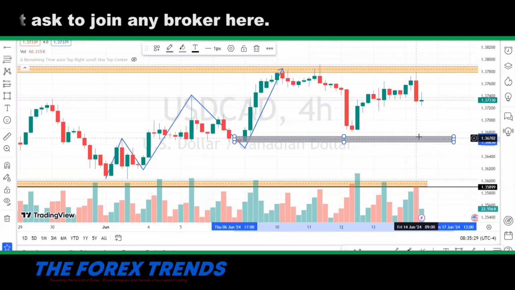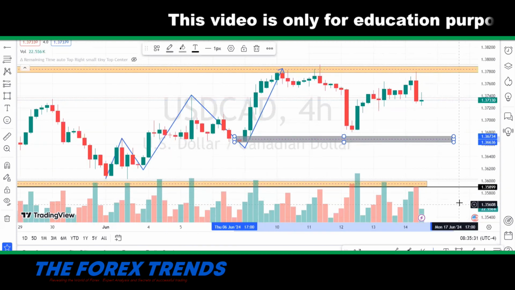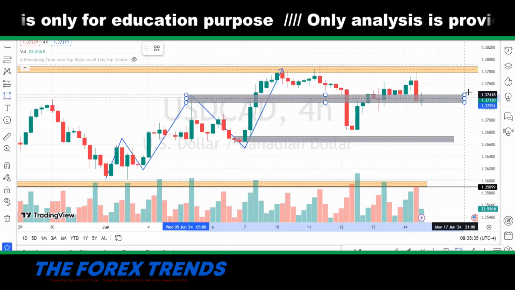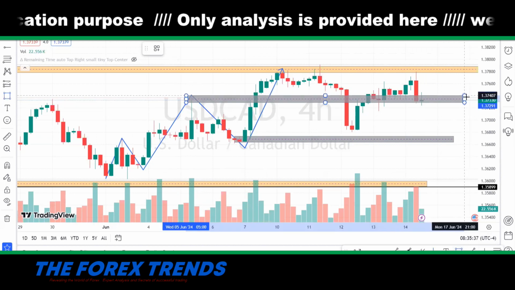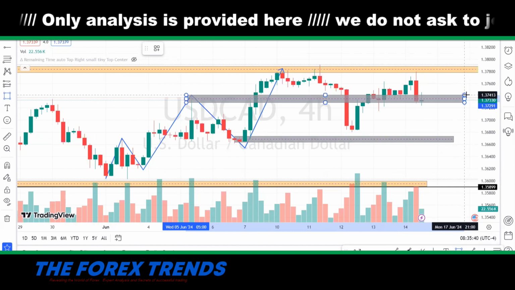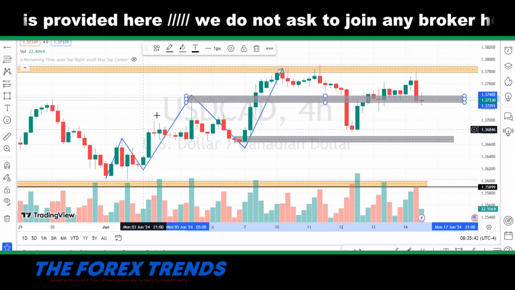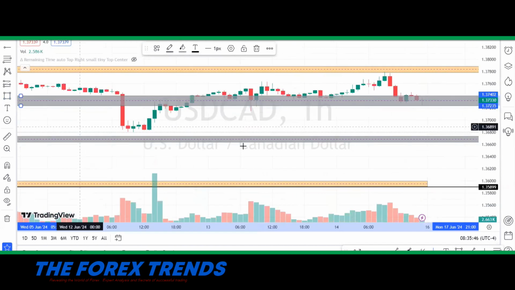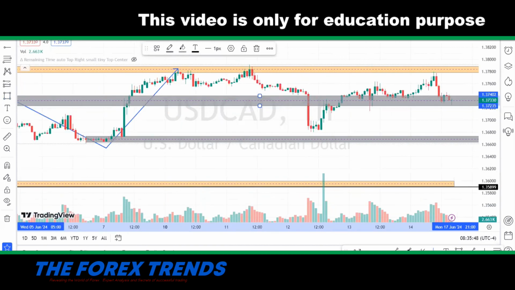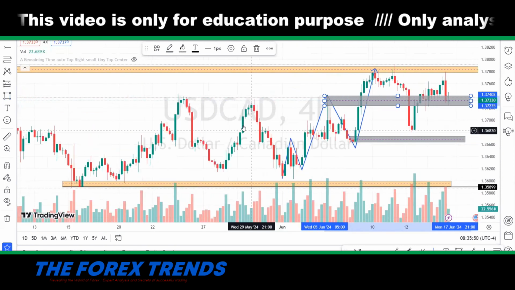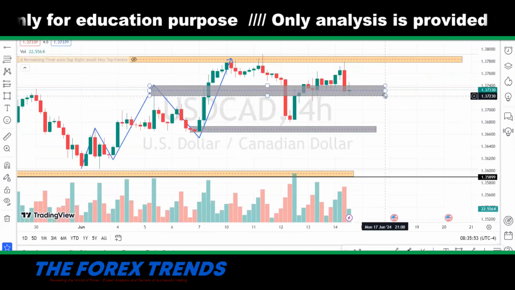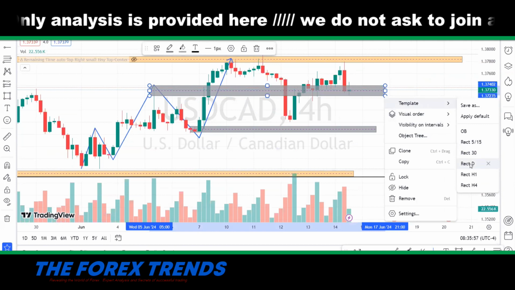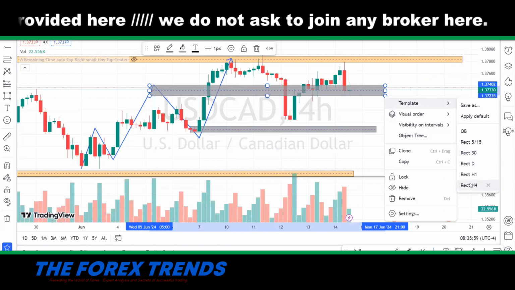Still market not able to reach this level, and this one is also our buying zone as per impulse, correction, impulse. In the 4 hour frame, these two positions are point of interest POI for buy in USD CAD.